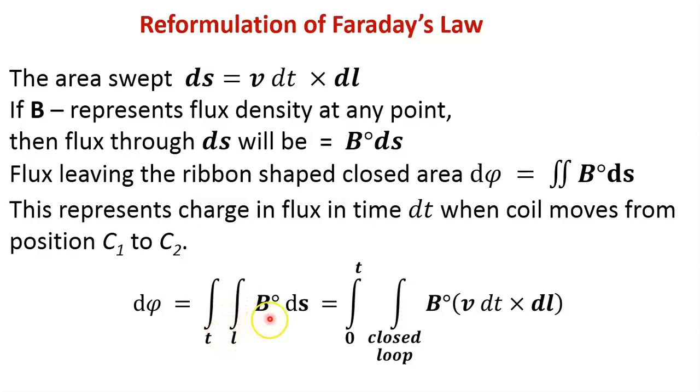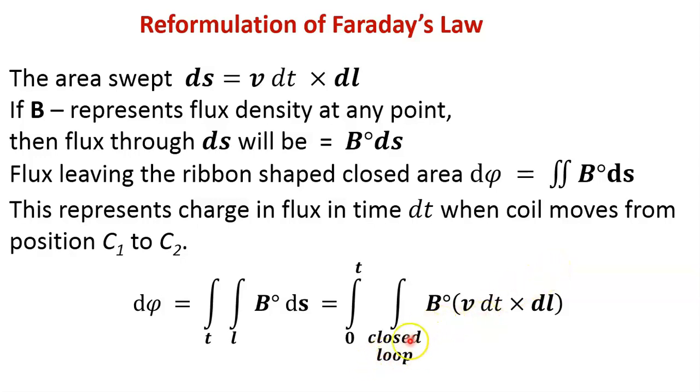So by substituting ds bar from this equation, we can write B bar dot v bar dt cross dl bar. Here dt and dl are the two variables on which integration is to be performed, and dt integration is to be performed for some countable time which will run from 0 to t, and for dl bar we have considered the conductor in a closed loop.